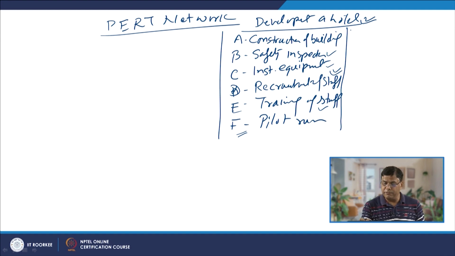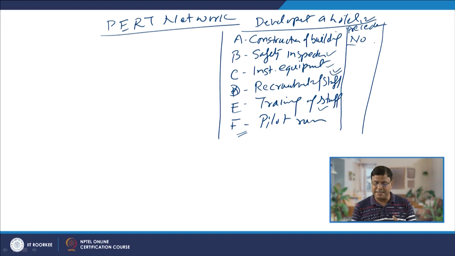So, if we write the precedence relationships based on general experience, for activity A there is no precedence activity, so we can start at any time.